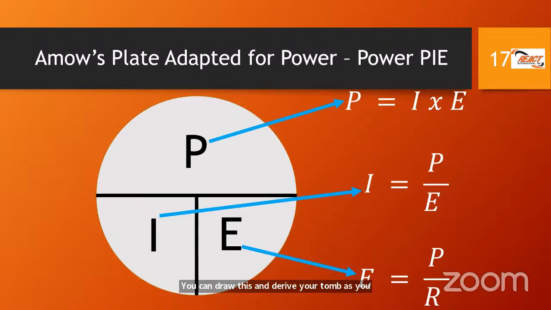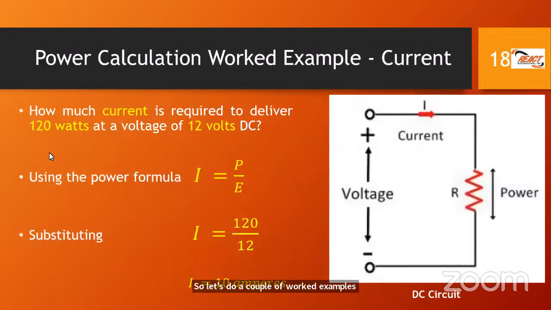So let's do a couple of worked examples. All right. So again, real question in the exam. How much current is required to deliver 120 watts at a voltage of 12 volts DC? Now, they didn't ask us here to calculate power, did they?